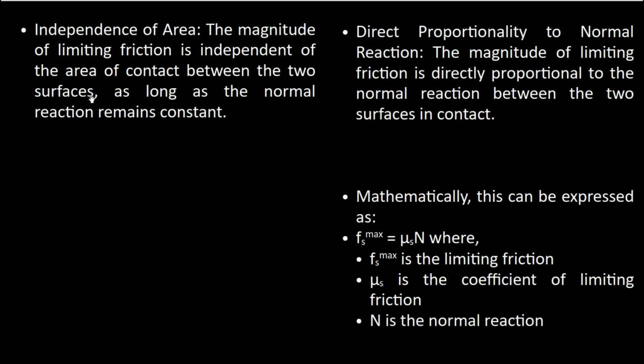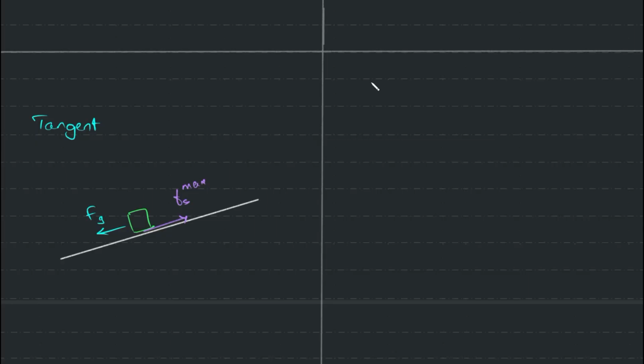It's independent of the area, for a fixed mass. This is one experiment which I have not done, but it's generally done in your labs. The magnitude of limiting friction is independent of the area of contact, as long as the normal reaction between the two surfaces remains constant. Let me explain this way.